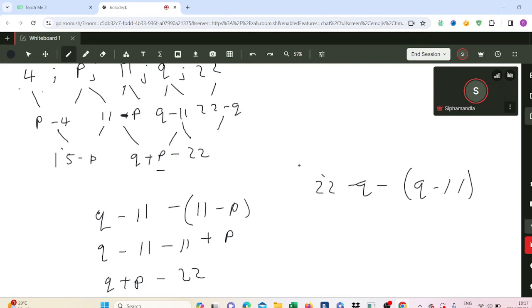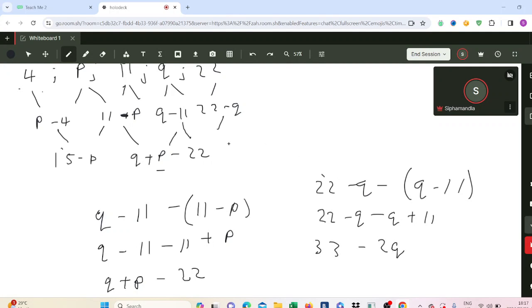By the way, you have to note that you always say Tn plus 1 minus Tn. So this is 22 minus Q, distribute the negative, that is minus Q, negative times negative is positive 11, and then this is plus 33 minus 2Q.